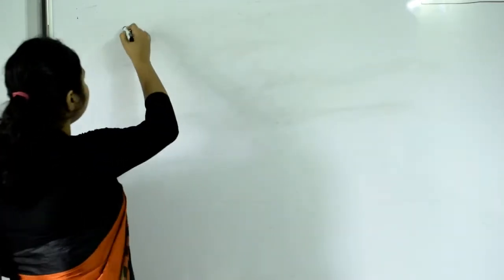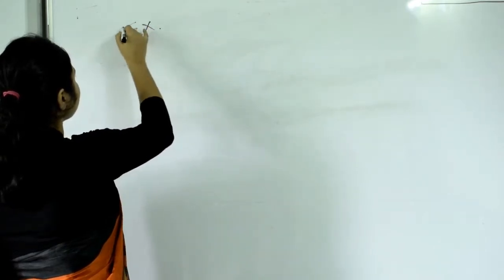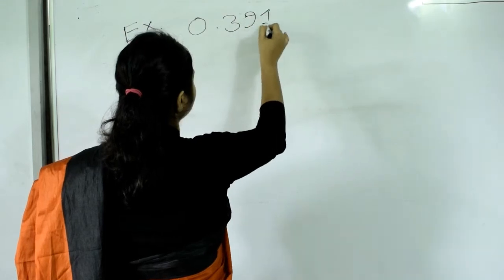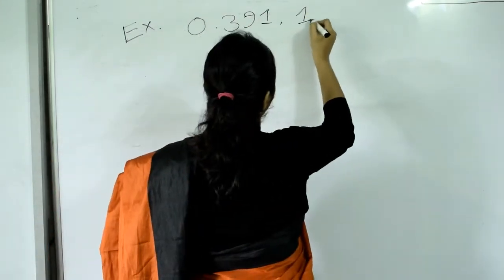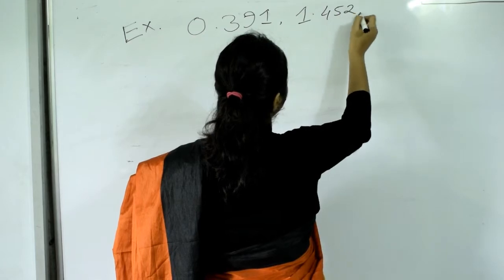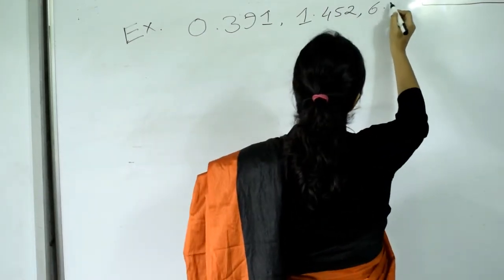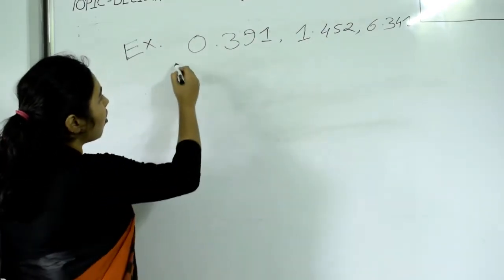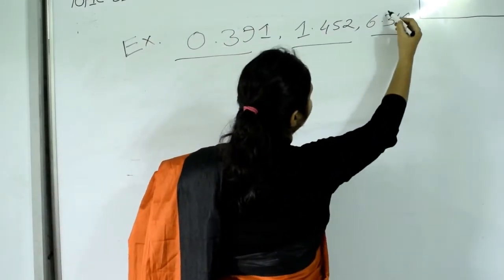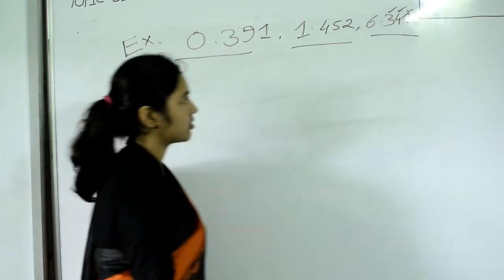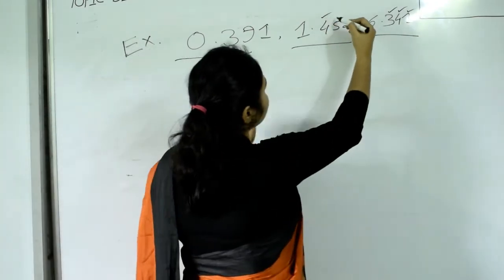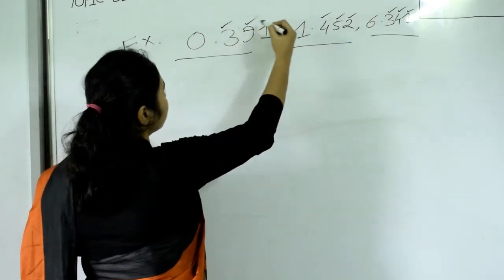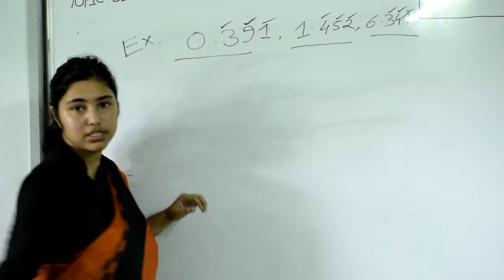For example, 0.391, 1.452, 6.341. Here all these numbers have three decimal places, right? 10th place, 100th place, 1000th place. Here also 10th place, 100th place, 1000th place, right?